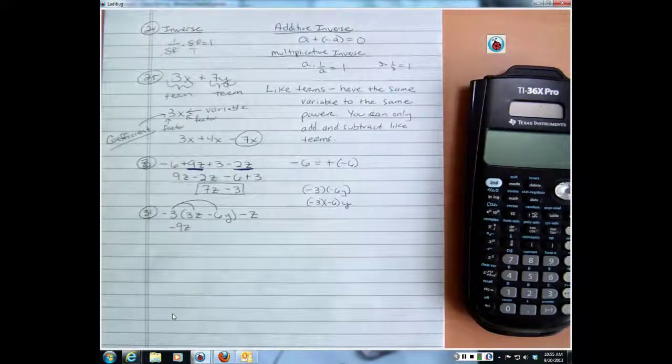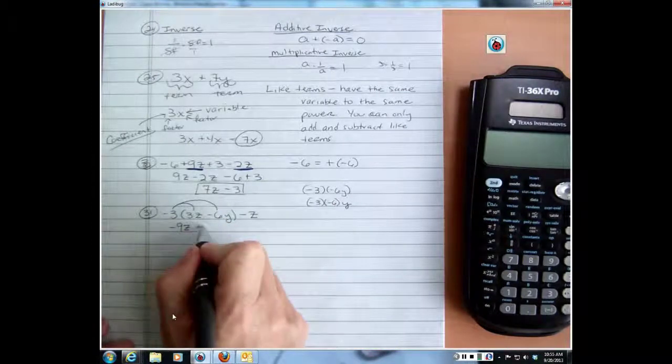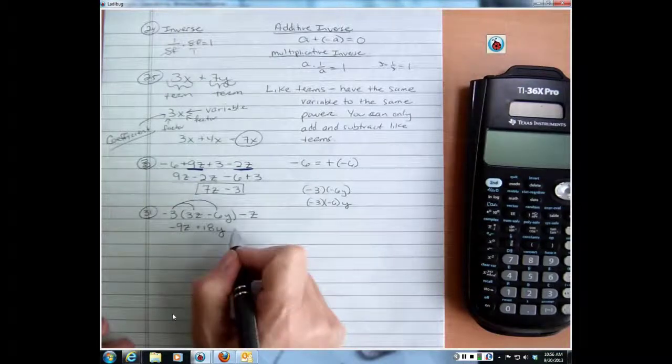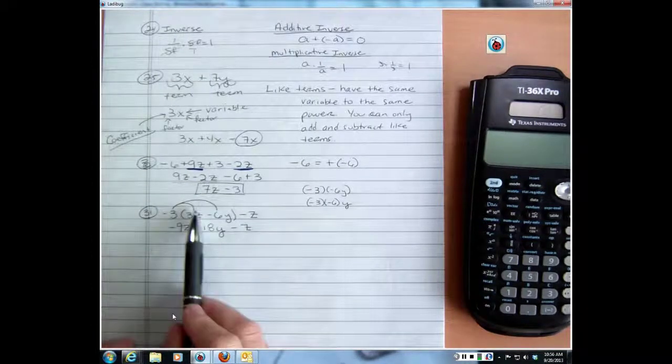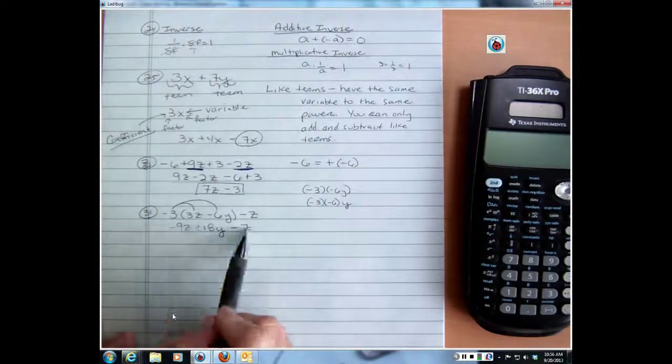The y is not gone, it's just not what we're working with right now. I have a negative and a negative, which is a positive. Positive 18y. And then I have this straggler down here that has nothing to do with my parentheses. What property did I just use to get rid of those parentheses? That was the distributive property. Good. So I just used that, but now I'm not done because I have like terms again.